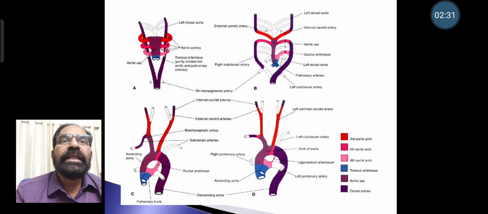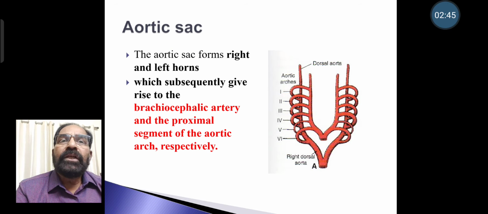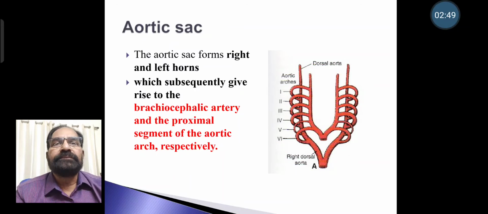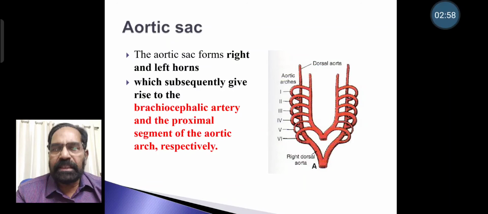So the picture showing the different structures emerging from arch of aorta or aortic arch arteries. The aortic sac forms right and left horns, which subsequently give rise to brachiocephalic artery and the proximal segment of aortic arch respectively.